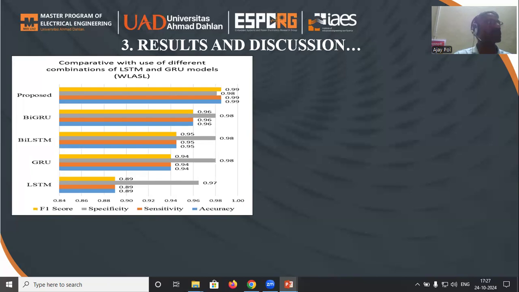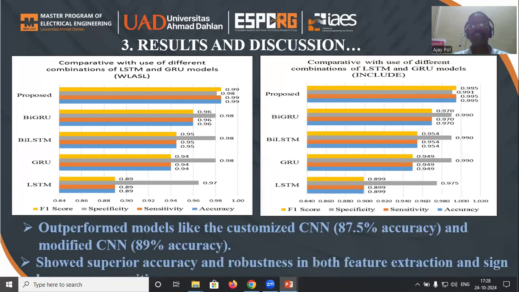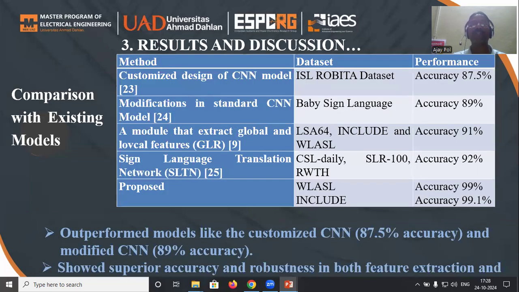So comparing the single models, LSTM and GRU, with the combination in our model, with LSTM the accuracy is 0.89, or 89%, for American Sign Language, and 89% for Indian Sign Language as well. With our proposed model, we have achieved an accuracy of about 99.5% for Indian Sign Language and 99% for American Sign Language, which shows superior accuracy and robustness in both feature extraction and sign language prediction.